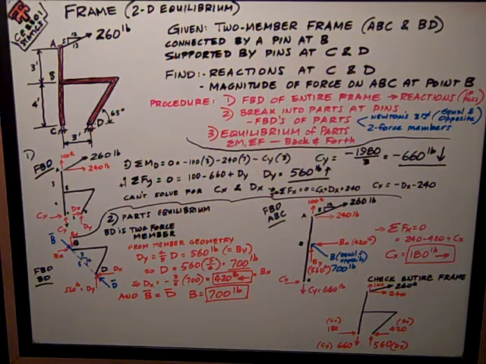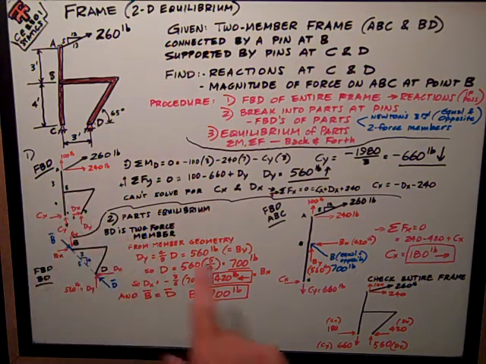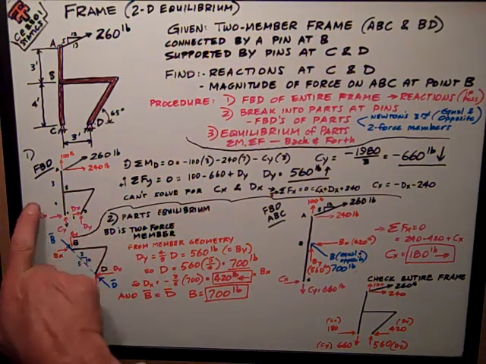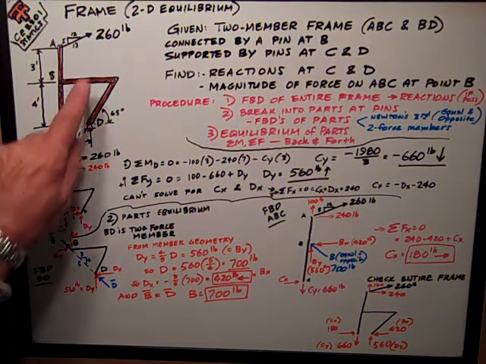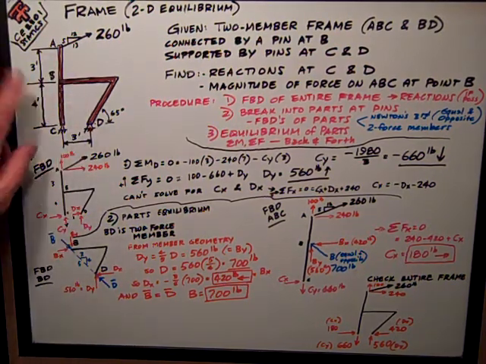So the first step is to do a free body of the entire frame. And here it is over here. You can see that I've got the applied force of 260 pounds. I've got my member geometry.